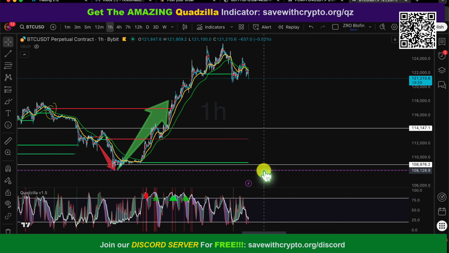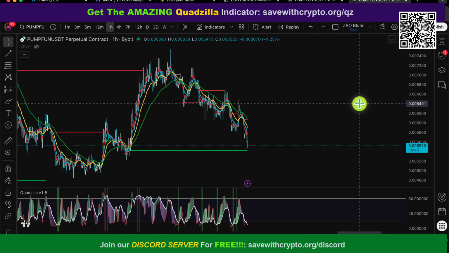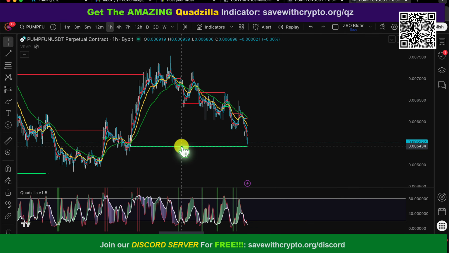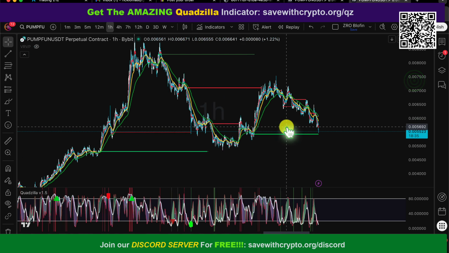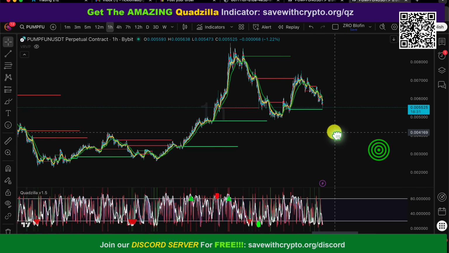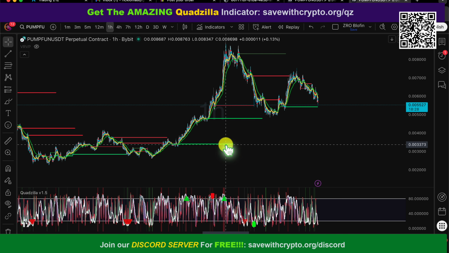Now, talking of pump, one thing I've got my eye on at the moment is pump. This is Pump Fun, pump.fun's coin, and I'm looking at it reaching this retracement here at 0.0054. Now, the thing is, this is a kind of meme coin, if you like, with no utility. So, anything could happen. And there is this retracement level down here as well at 0.0033.